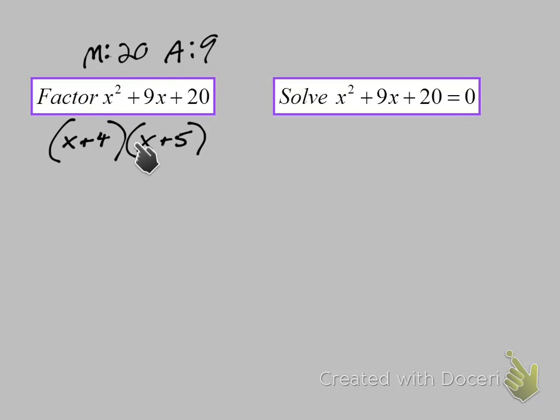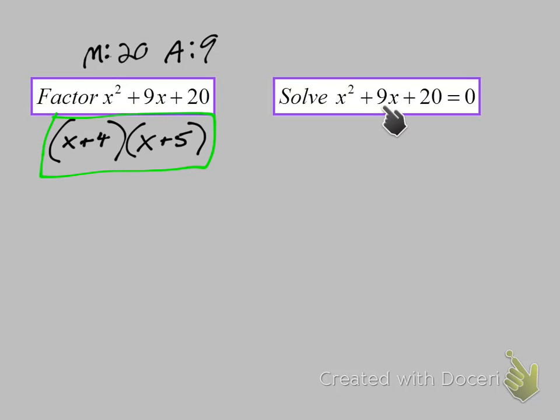X times 5, 5x, or 4 times x, 4x. 5x plus 4x, 9x. Fantastic. 4 times 5, 20. Yay. And that's it for that one that says factor.